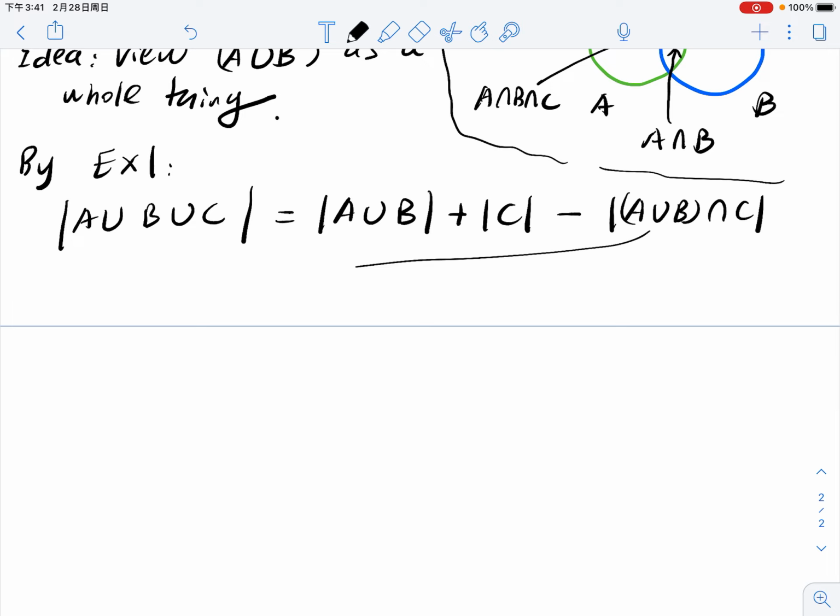Okay, then what is A union B intersection C? So here we use the De Morgan formula.